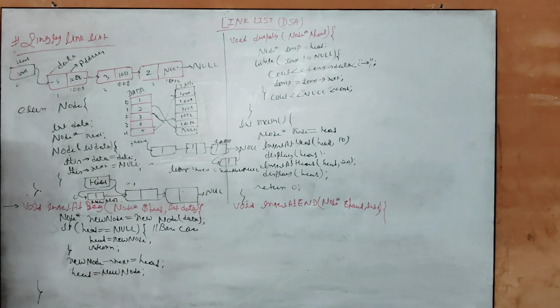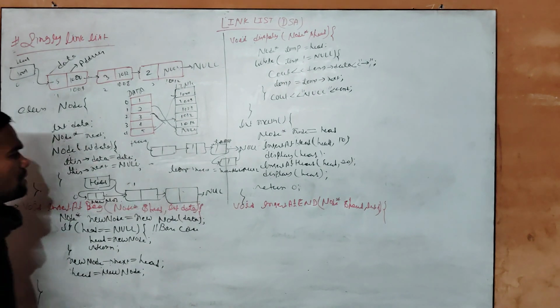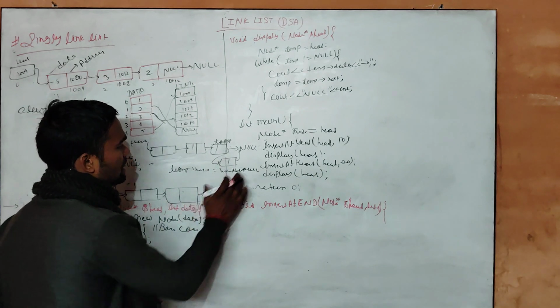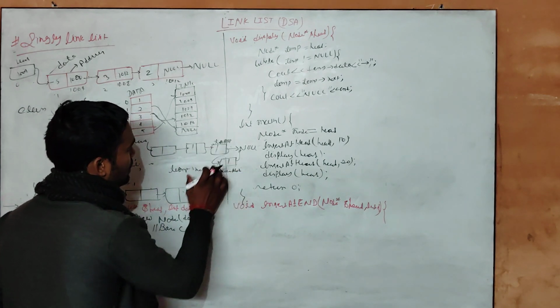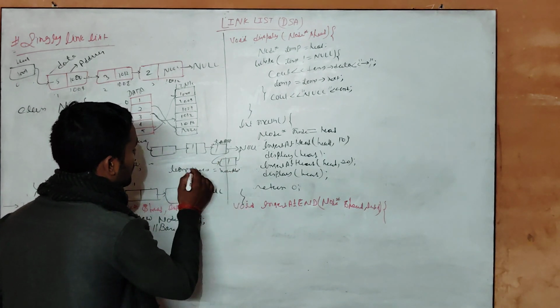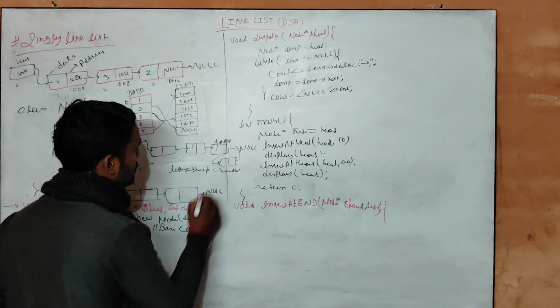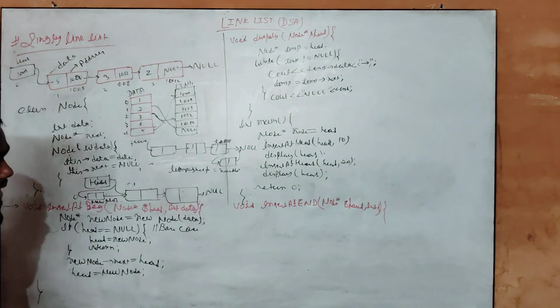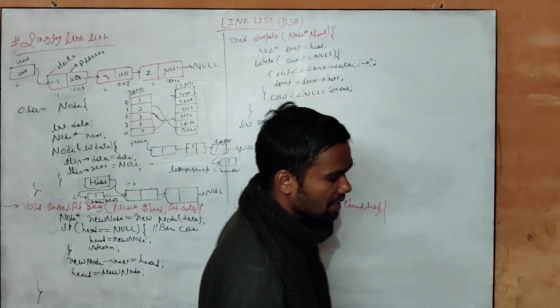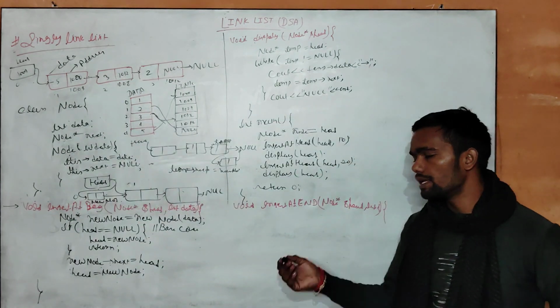Then I'm just creating it. I'm just writing here temp next is equal to new node. Okay, I'm creating one node, then we check the base condition. How can it work with the base condition?